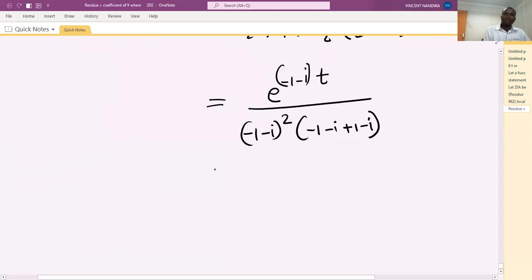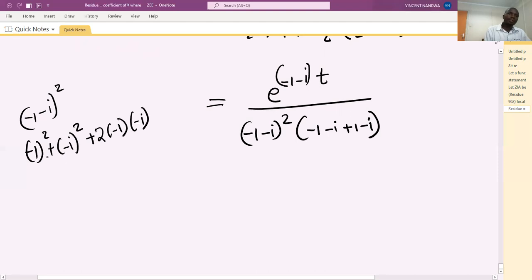So (-1 minus i) squared is (-1) squared minus i squared plus 2 times (-1 minus i)... so this is 1 minus 1 plus 2i.